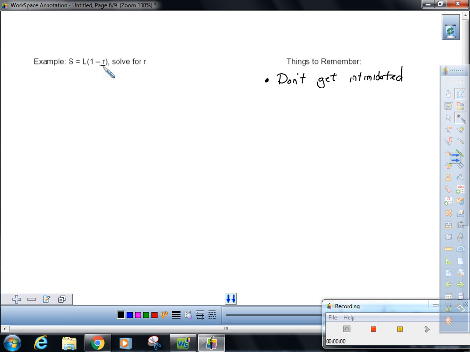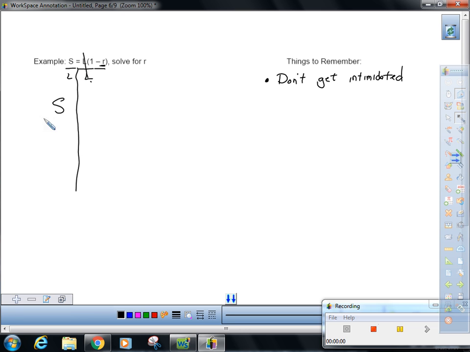We just want to get that by itself, okay? Well, we need to get rid of the L, and we need to get rid of the adding of the 1. So if you divide each side by L, then we're going to have 1 minus r on the right. That's pretty simple, so that's what I'm going to do. I'm going to divide each side by L.